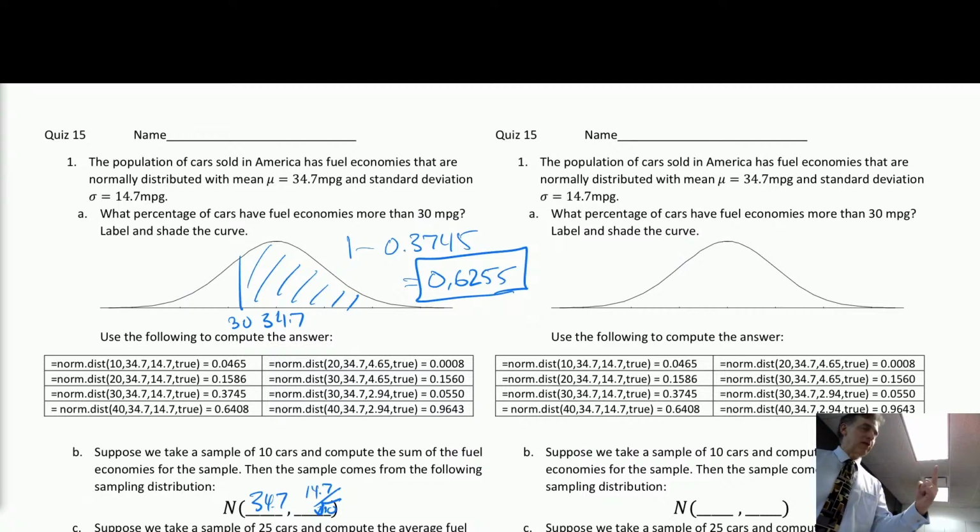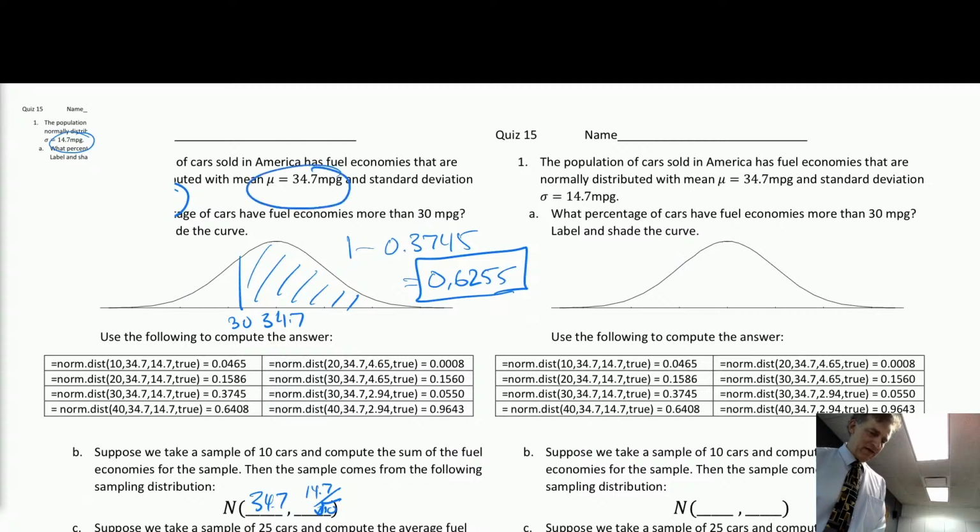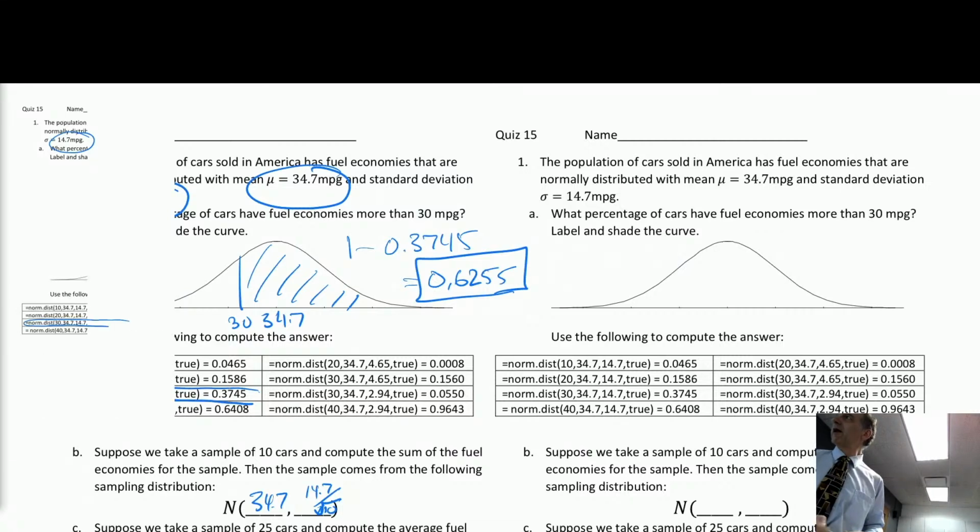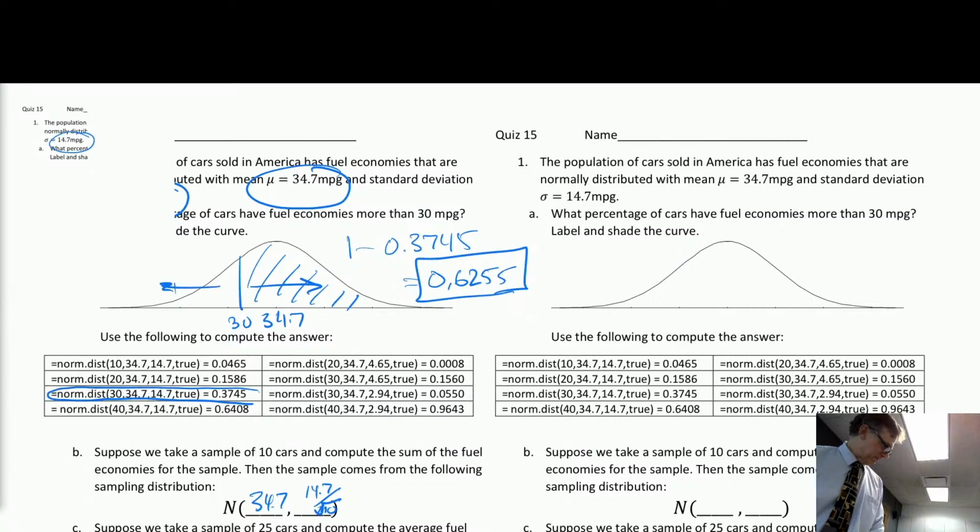I'm doing a single person, so I just used the basic information given, and so that's going to be this one right here. Then I had to subtract from 1 because I was interested in the area over there. Excel gave me this value over here.